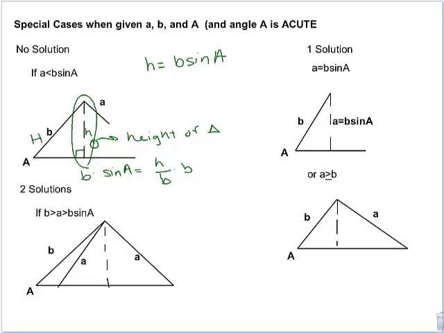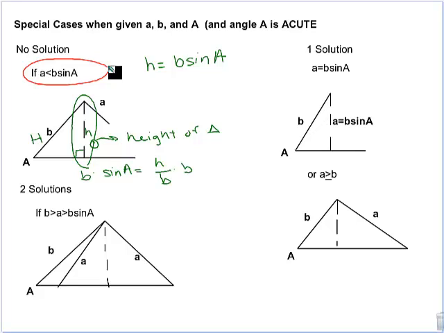No matter what we do, this side A would just sit there and swing back and forth, and we'd never actually close the figure. You see that? So that's saying if our side A is less than our height, which we can find by figuring out B sine of A, we're going to have no solution.